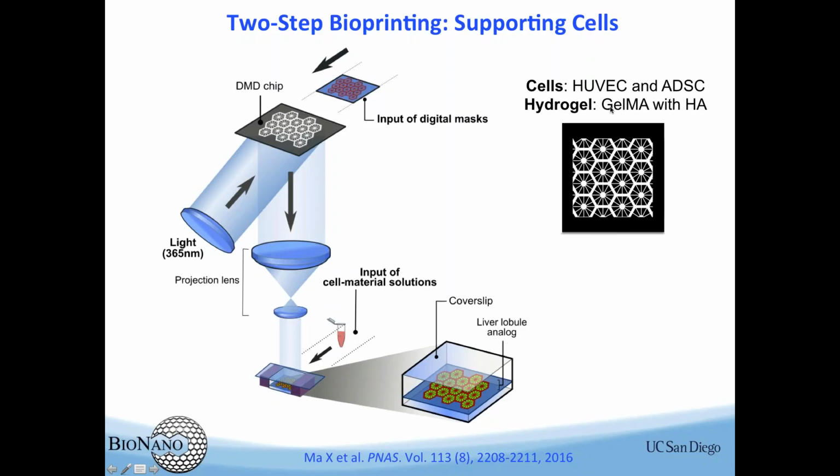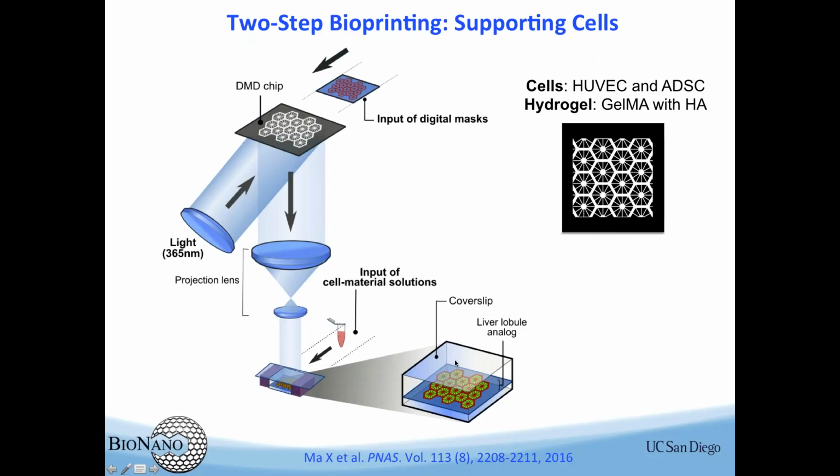Here we use gelatin with hyaluronic acid, because hyaluronic acid can help cell growth and vasculature formation. That's why we mix the gelatin with the hyaluronic acid. And we also added another supporting cell, adipose-derived stem cells, with the HUVECs.